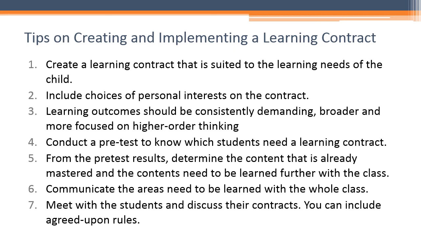And then once you have noted the areas that need to be studied inside the whole class setting, you will inform the learners na okay, hey kids, these are the topics or the areas that you need to join with your peers or your classmates. So you need to sit in the class and study these things with us.